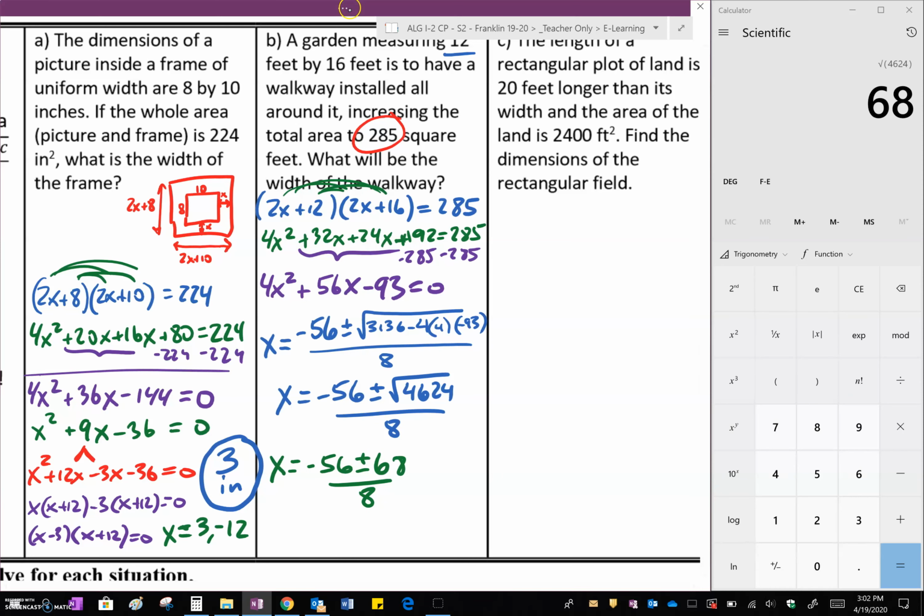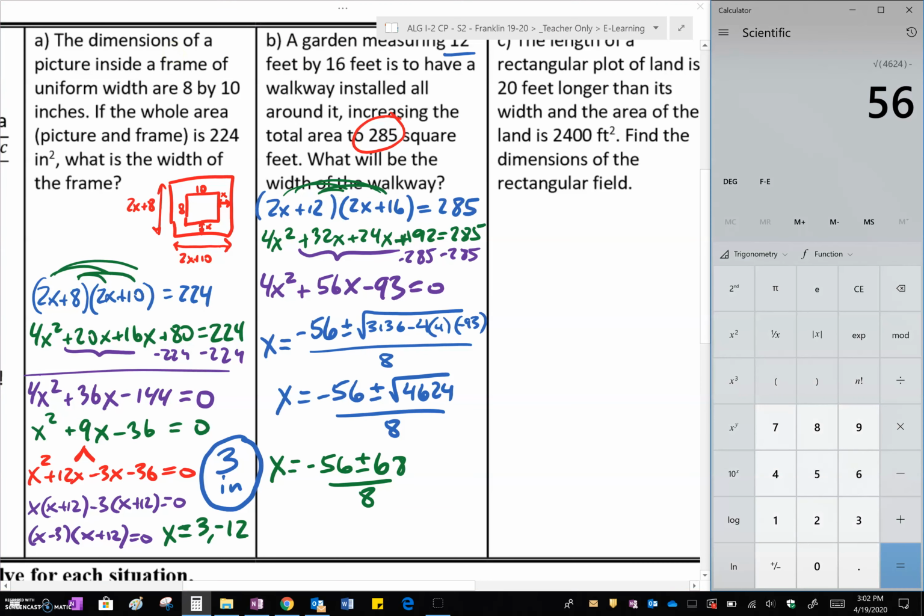So negative 56, sorry, plus 68 is 12 over 8. And our other answer, negative 56 minus 68 over 8, equals negative 15 and a half.